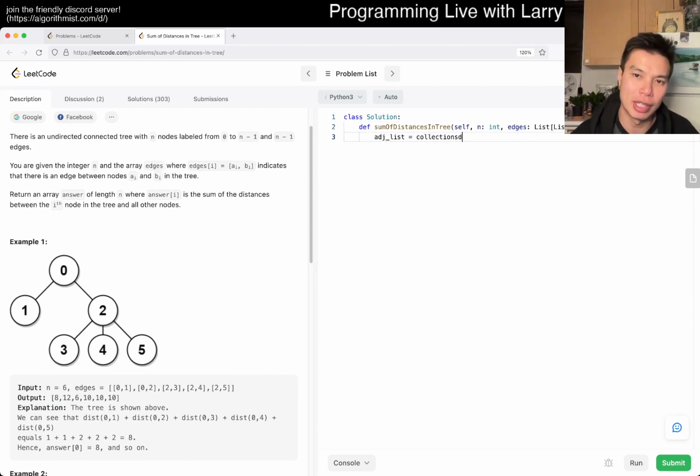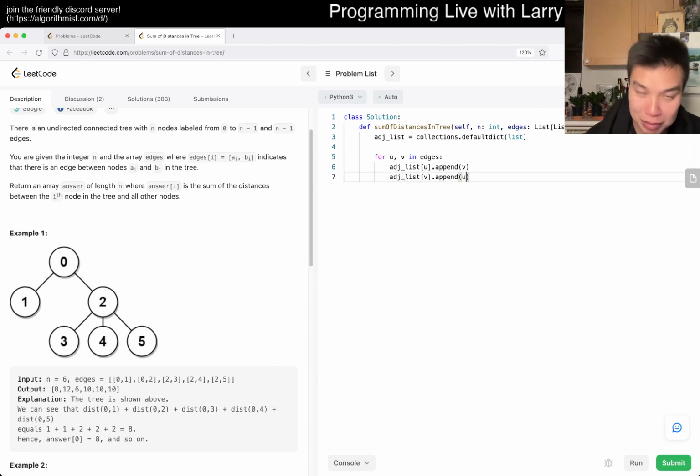I am stalling right now for time, to be honest, by just kind of typing out code that I already know what to do, which is converting the edge list to an adjacency list. This part, I should be able to do pretty quickly. And I'm done.